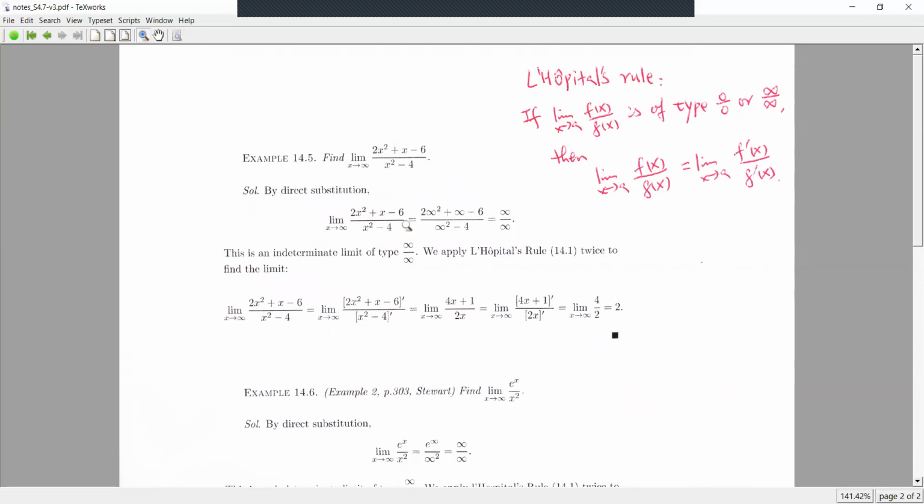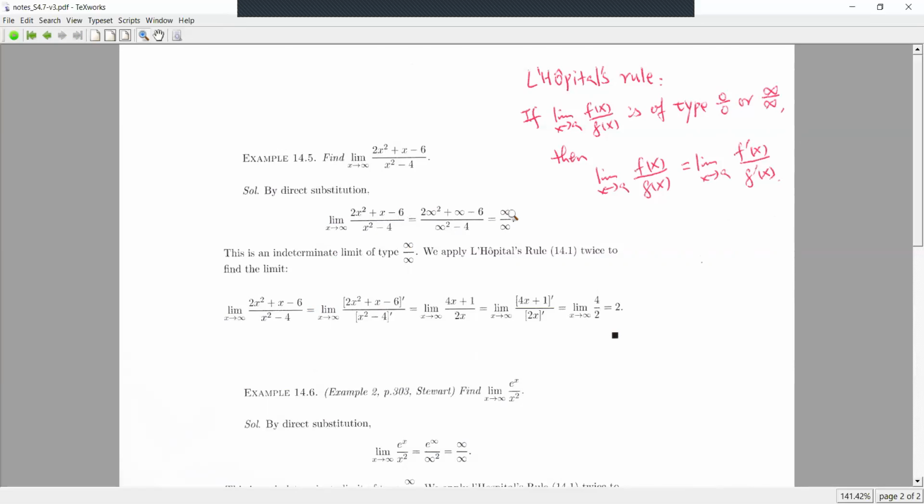Directly plug in infinity for x, then we get infinity over infinity. That means as x approaches infinity, x squared minus 4 approaches infinity, and 2x squared plus x minus 6 approaches infinity.